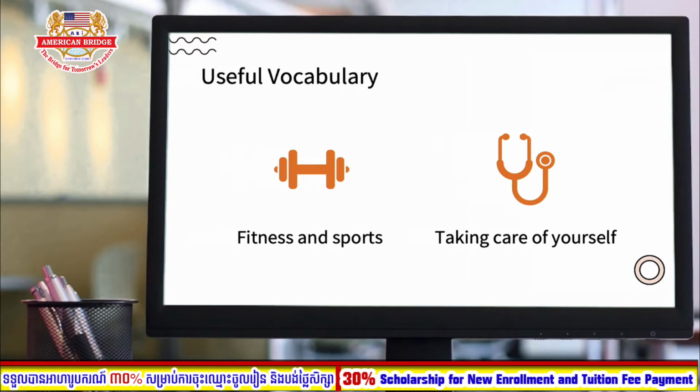Vocabulary such as workout, membership, energy, nutrition, all related to our theme of the lesson, which is fitness and sport, will appear in your quiz, as well as another theme which is taking care of yourself: the vocabulary related to disease, the symptoms, the vocabulary that you can use when you go to meet the doctor. Those will also appear in your quiz.